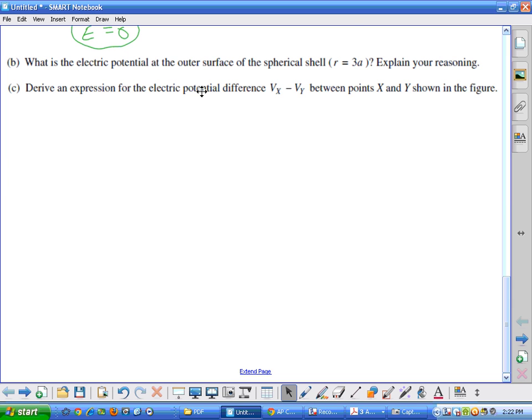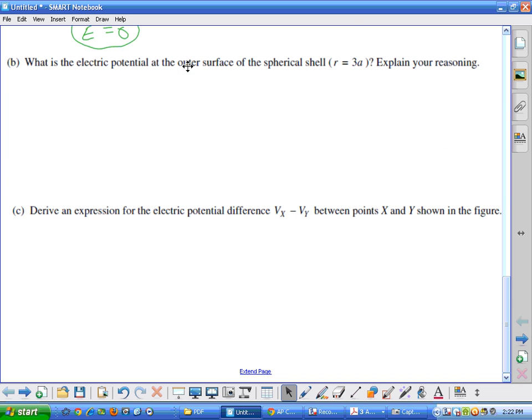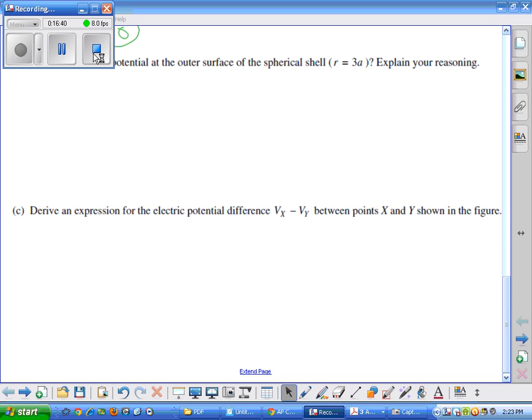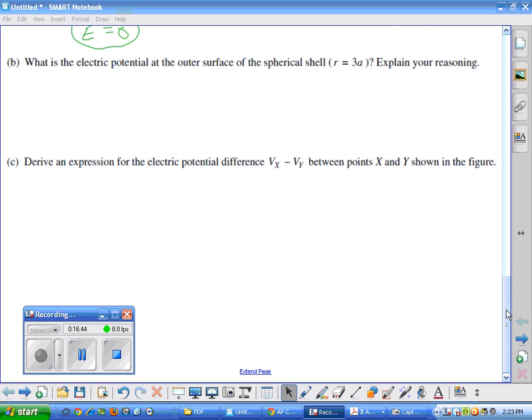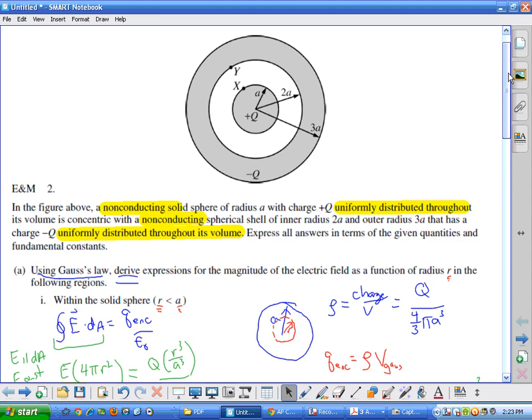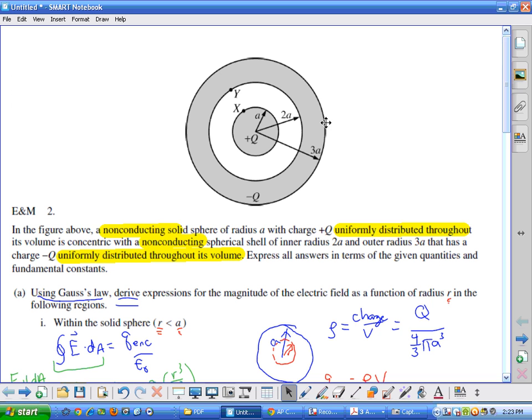Okay. The next part asks for the electric potential at the outer surface of the spherical shell, at the surface where r equals 3a. And you need to then explain your reasoning. So for this part, they're asking for the voltage right at this edge right here.